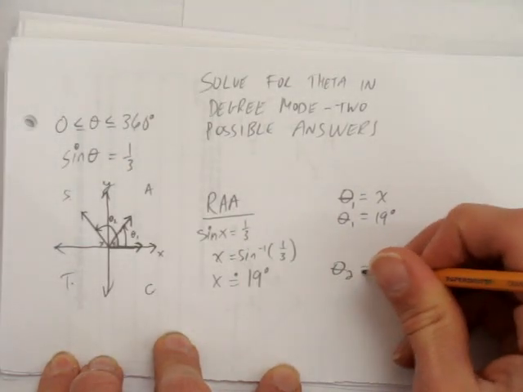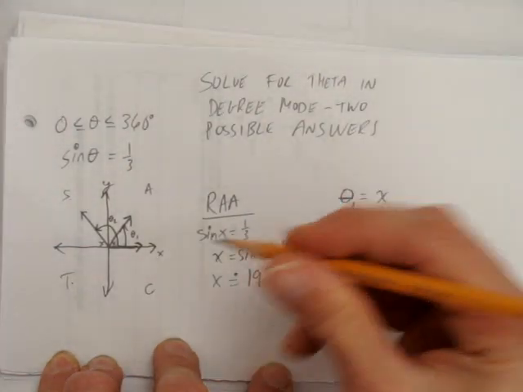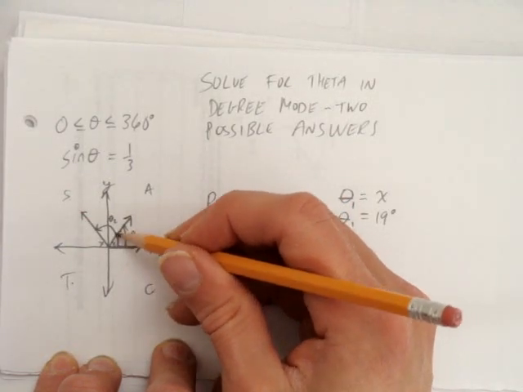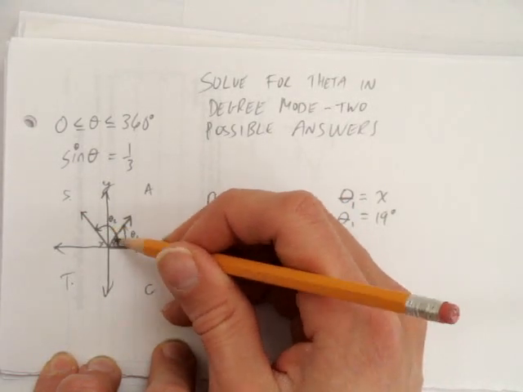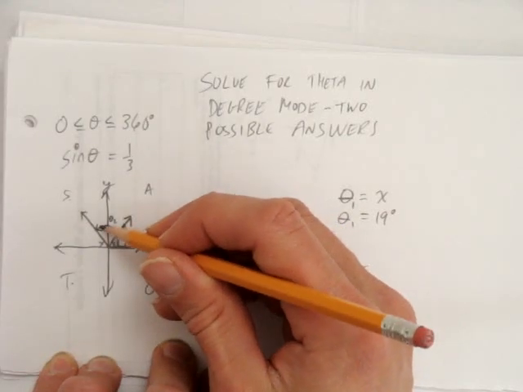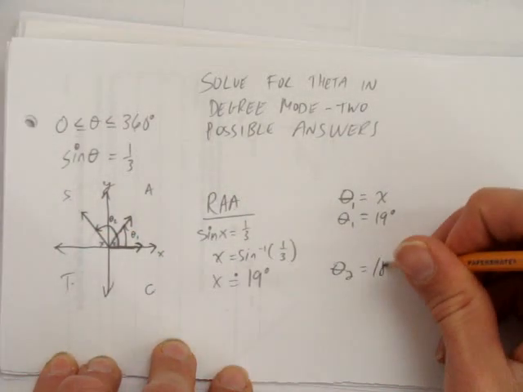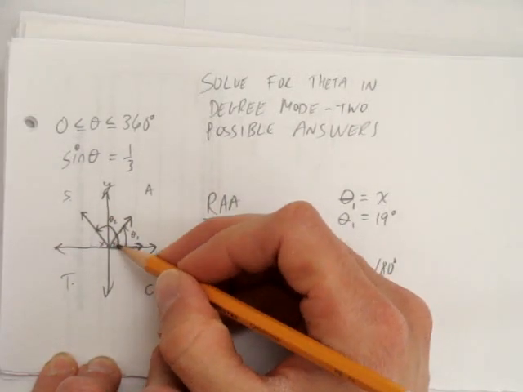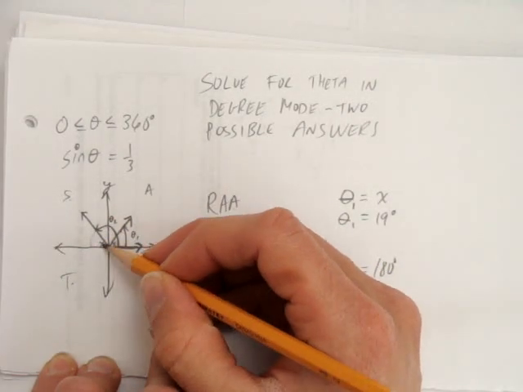But for theta 2, we have to do a bit more work. That is, we have to recognize that in quadrant 2, this theta 2 rotation went around as much as the whole way, 180 degrees, except come back x. Or another way to think about it, you cover this whole rotation except for x.